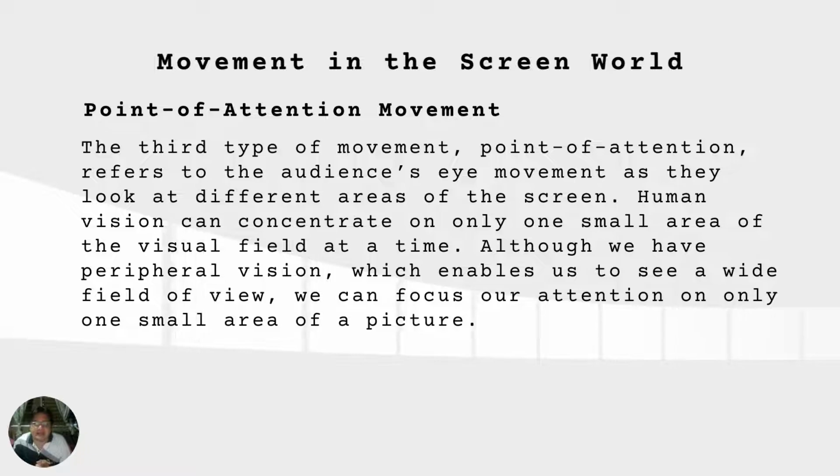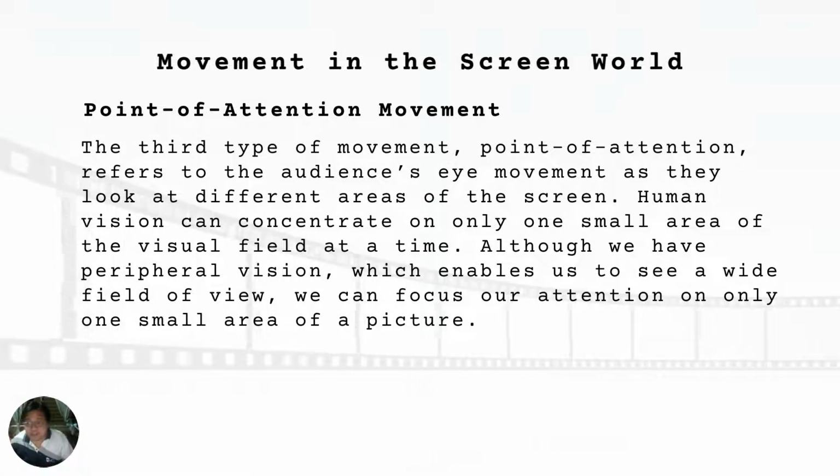When you look at a crowd of people, for example, you must shift your attention from face to face to recognize a specific person. Di ba? So, let's say a crowd of people. You're seeing the crowd, but when you're looking for someone in the crowd, you're going to look for the faces of the people.